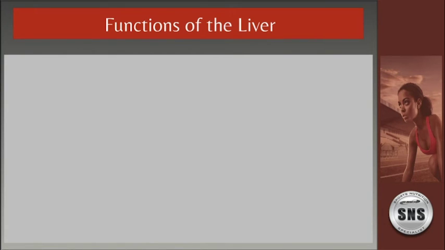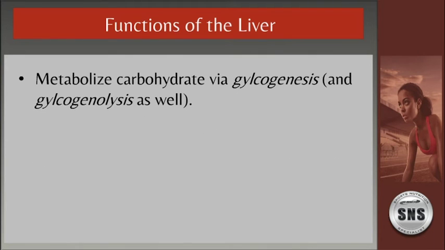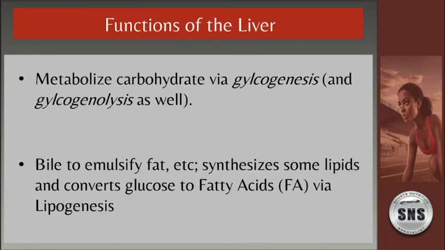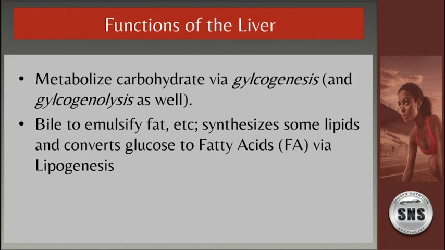The functions of the liver are really important in carbohydrate metabolism because hepatic or liver cells carry out what's called glycogenesis, which is the conversion of glucose into glycogen, and glycogenolysis, which is breaking down glycogen to make glucose. The liver is also critical in lipid metabolism, as it's where hepatic cells produce bile for emulsifying fat and to oxidize fatty acids, synthesize various forms of lipids, and convert glucose to fatty acid.